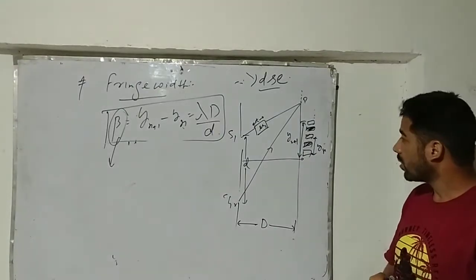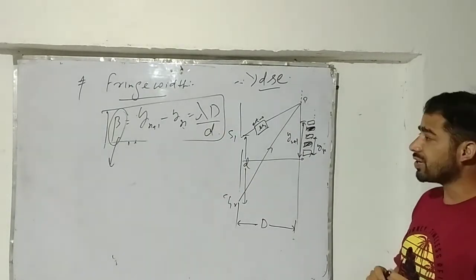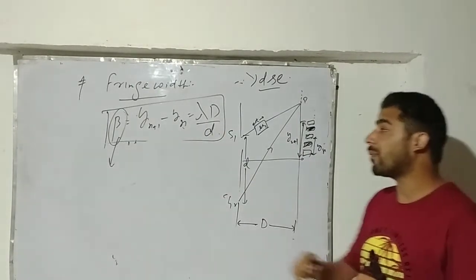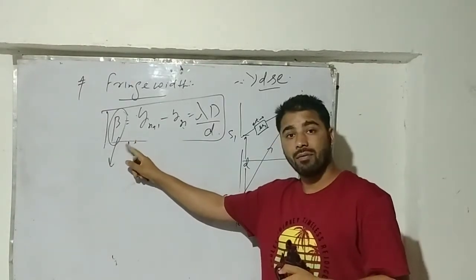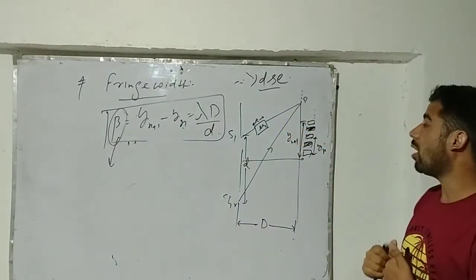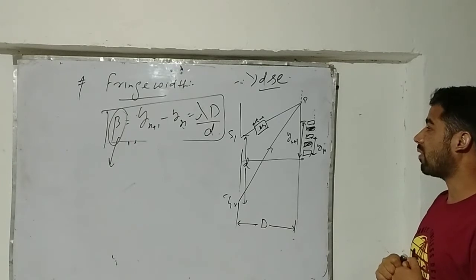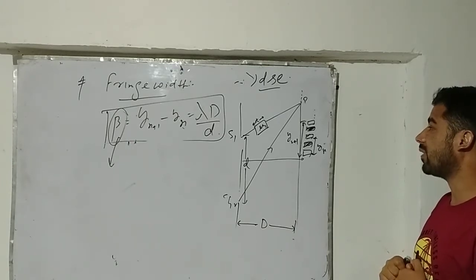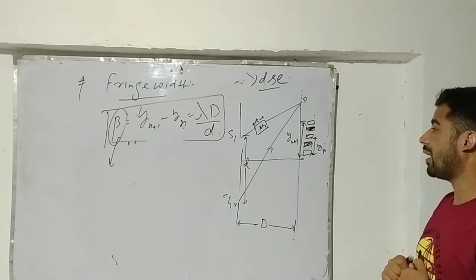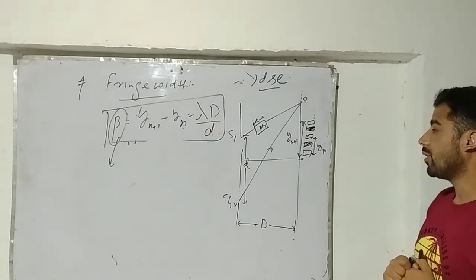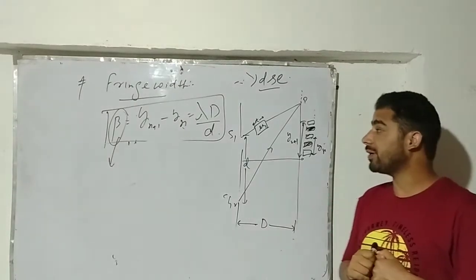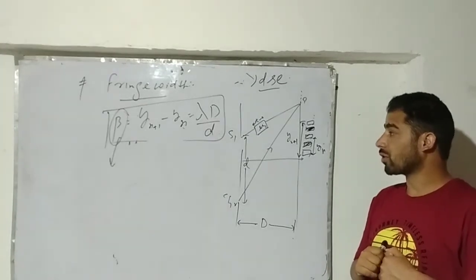Under this situation, I need to know what will happen to the fringe width. How can I look for this kind of result? For that, I should know what will happen to the fringe position. Will it be the same or different?